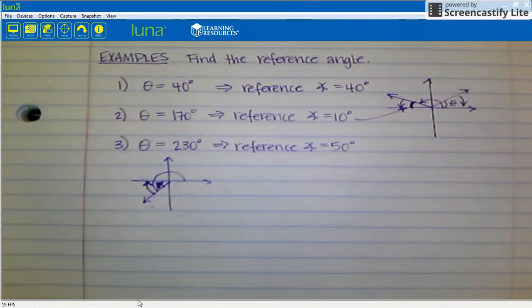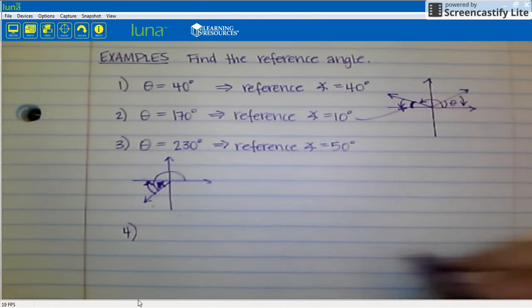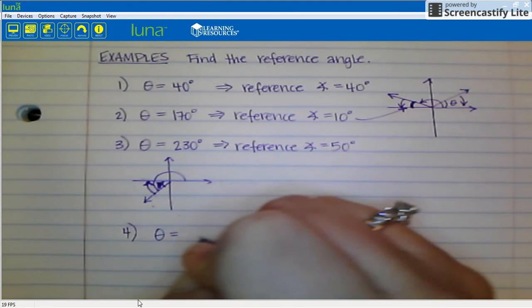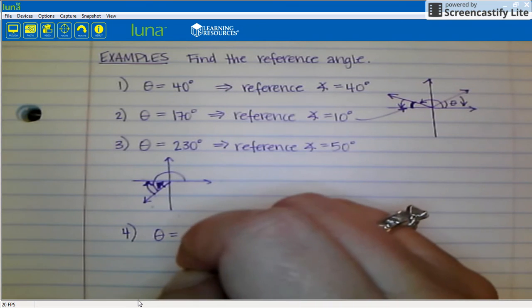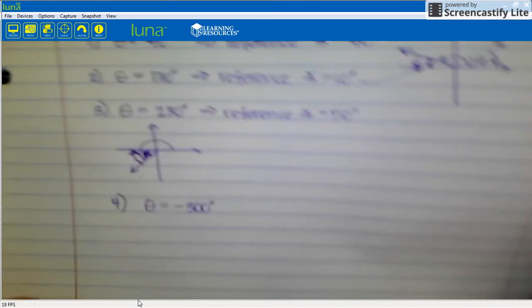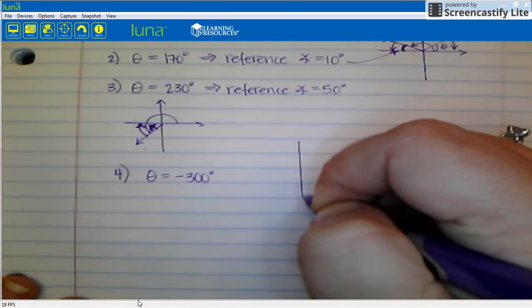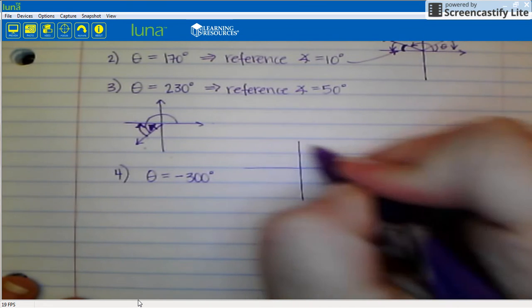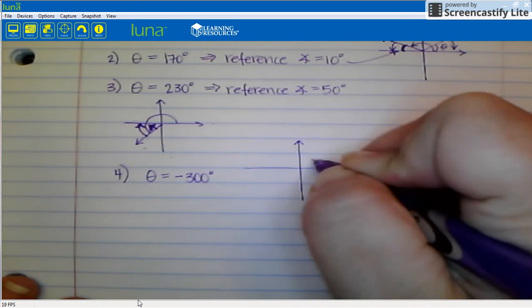And then let's say I'm moving in the negative direction and I have theta is equal to negative 300, for example. When I graph this in the coordinate plane, negative 300 is going to move in the clockwise direction.